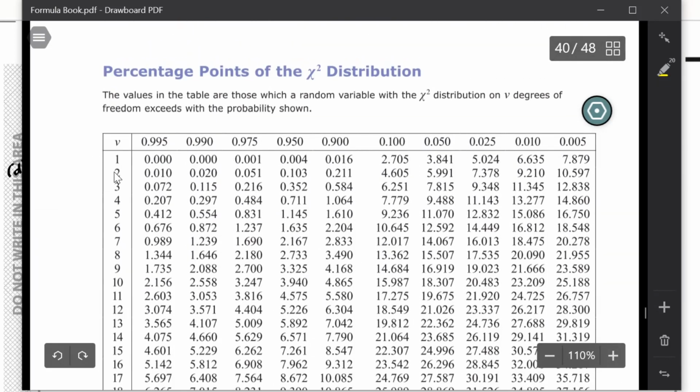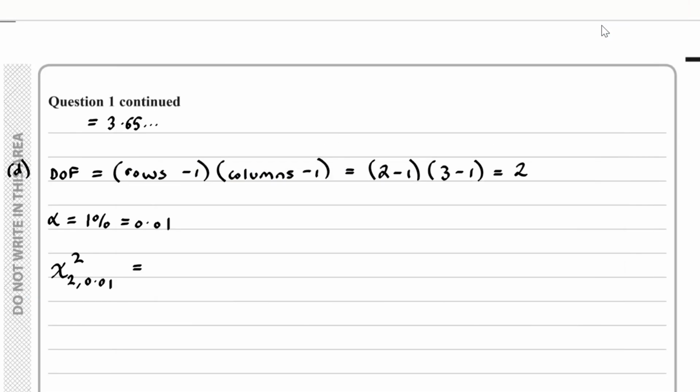With degrees of freedom 2 and significance level 0.01, the critical value is 9.210.